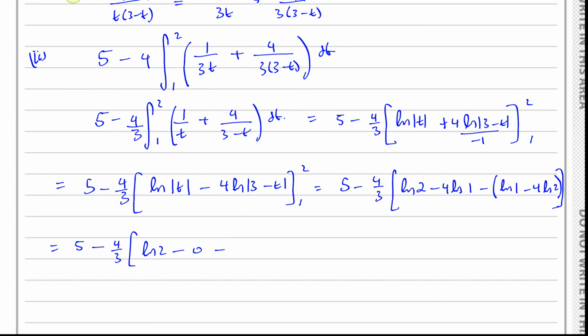So that's going to be minus 0 and plus 4 ln 2. Those end up being 0. So you end up with 5 minus 4 over 3 times the ln of 2 plus 4 times the ln of 2, which is 5 ln 2. Okay, so we end up with 5 minus 20 over 3 ln 2.